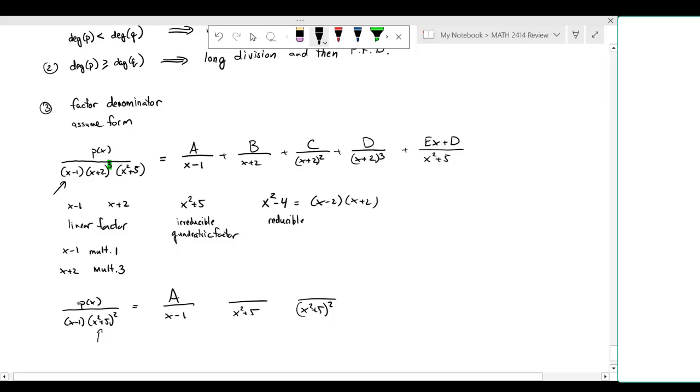If it's a linear factor, you just put a constant on top. If it's an irreducible quadratic factor, it's a linear factor on top. Just a reminder of the starting form that you need to assume. And then you multiply through by the common denominator and try to solve for A through whatever. Okay. So let's just do some examples. That was just an outline, I guess.